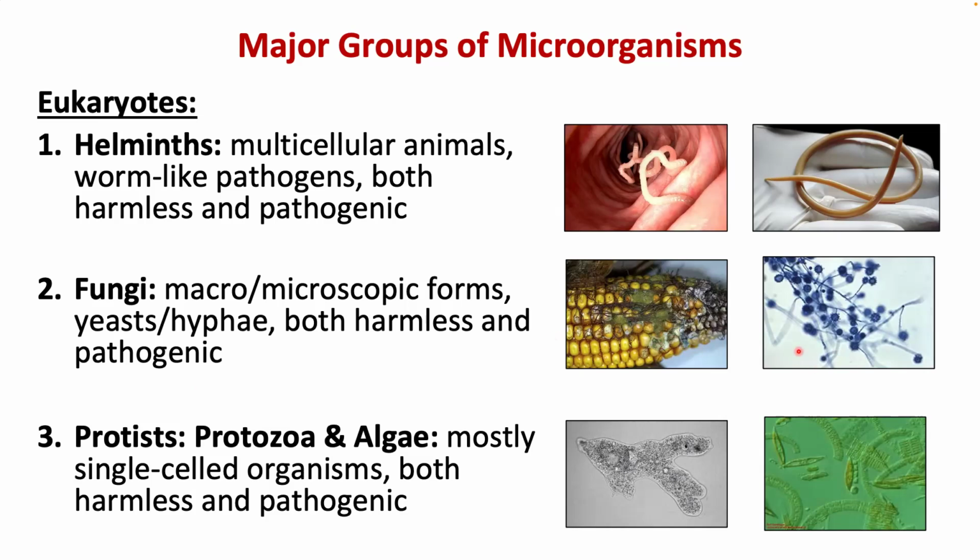They are usually spore-like or more foamy in nature. And then number 3, we have the protists, made up of protozoa and algae, also depending on who is pronouncing it. Mostly single-celled organisms, both harmless and pathogenic. And in these images, we can see an example of them.